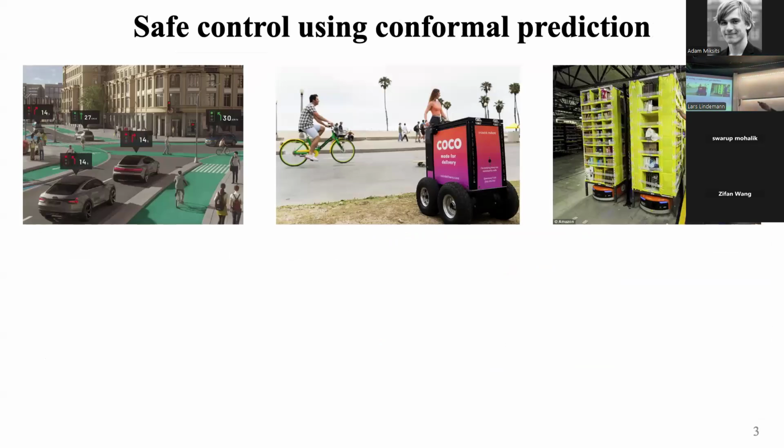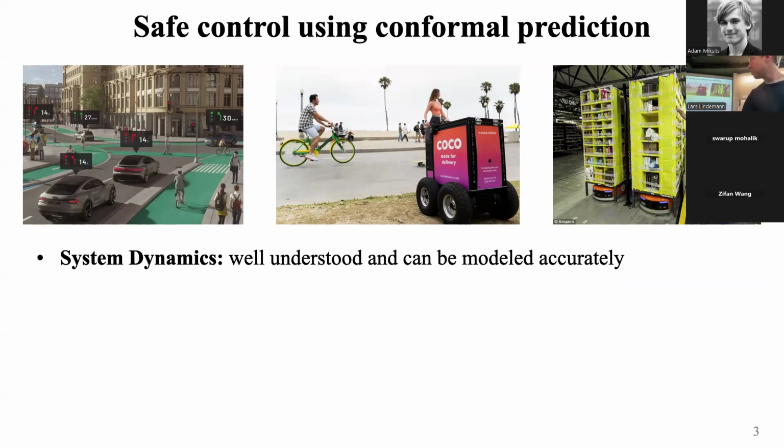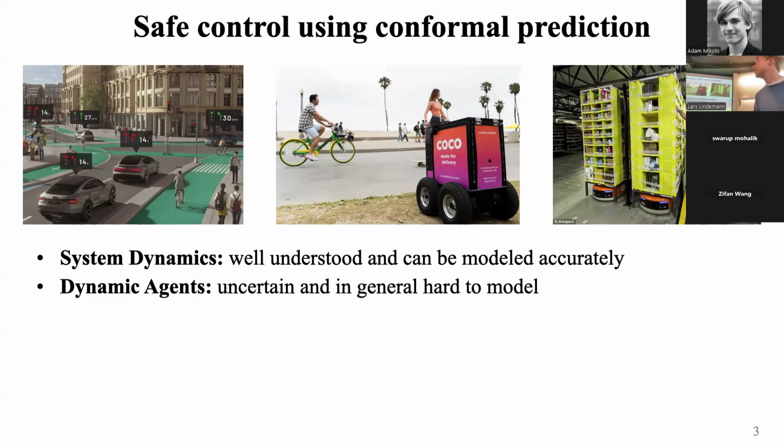Now, we were here motivated to use conformal prediction based on 4 observations. If we look at these 3 scenarios or use cases, then what we observe is that the system dynamics are usually well understood and can be modeled accurately, right? We don't really have a problem in modeling a car or modeling a mobile robot. We have those equations at hand.